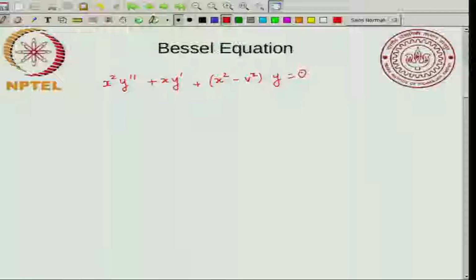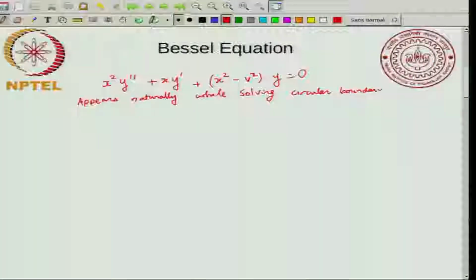Okay. Now, this Bessel equation, I will mention right now, appears naturally while solving circular boundary problems. Okay, so in problems, usually plane problems, with circular boundaries, this appears naturally.